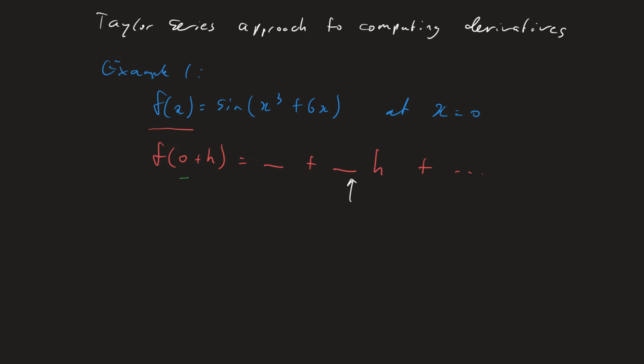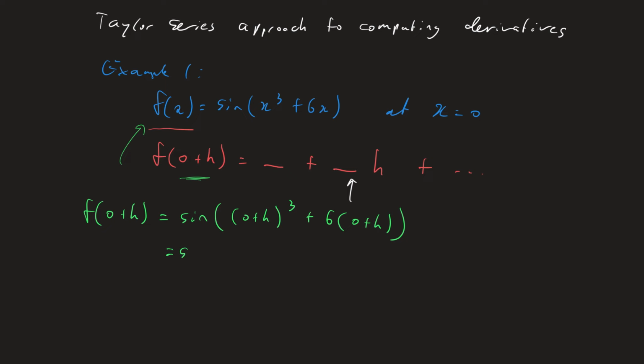All we do is substitute 0 plus h into our function here. So we get f of 0 plus h is equal to sine of (0 plus h) cubed plus 6 times (0 plus h). The trick is we only care about constant terms and terms involving h. Any higher order terms of h we can replace with plus dot dot dot.